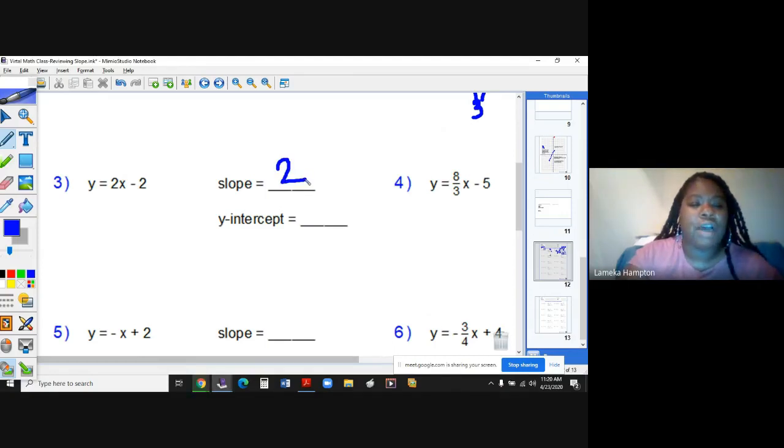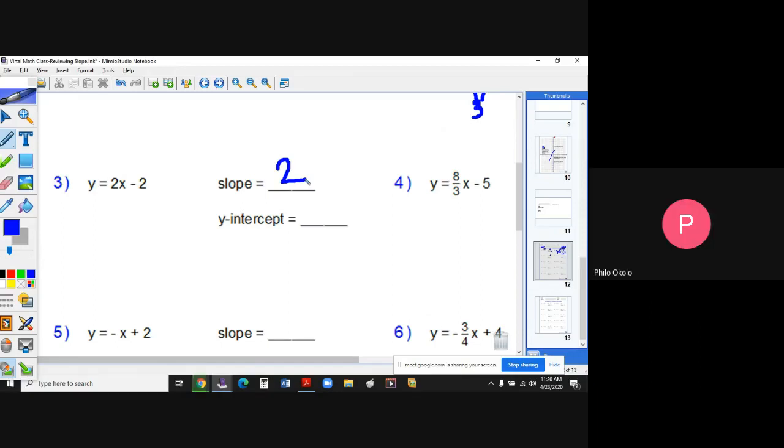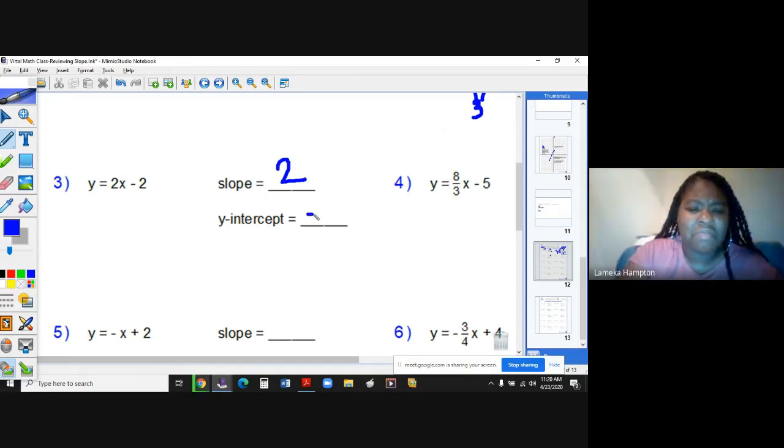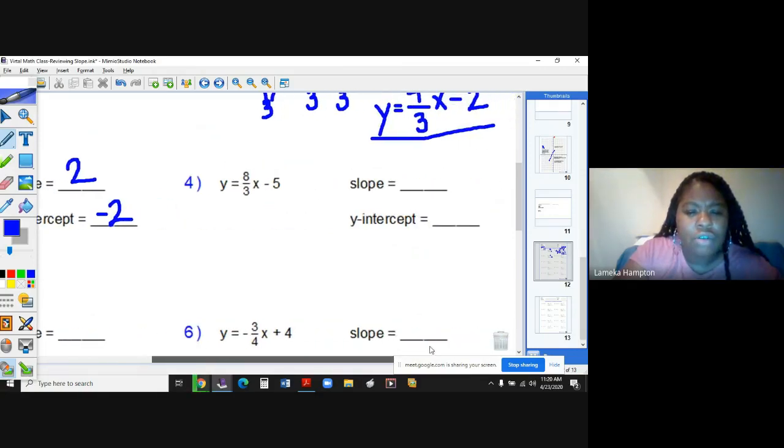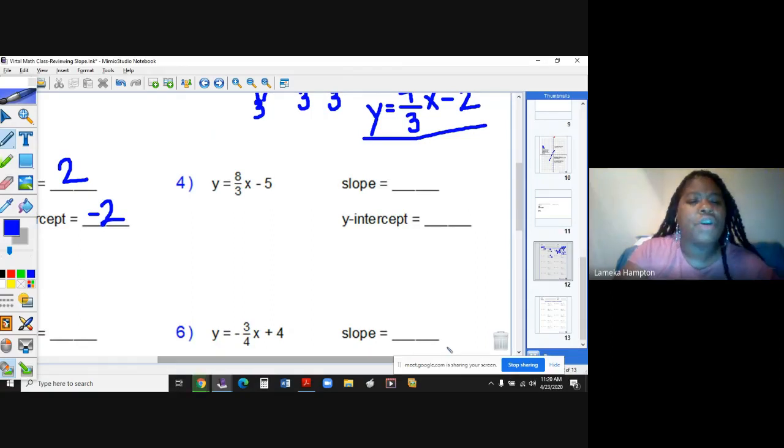And what is my y-intercept? -2. See? Easy peasy, lemon squeezy. All right. Then I'm going to slide over here to number 4. Number 4 is also in the y equals mx plus b format. So this is simple.